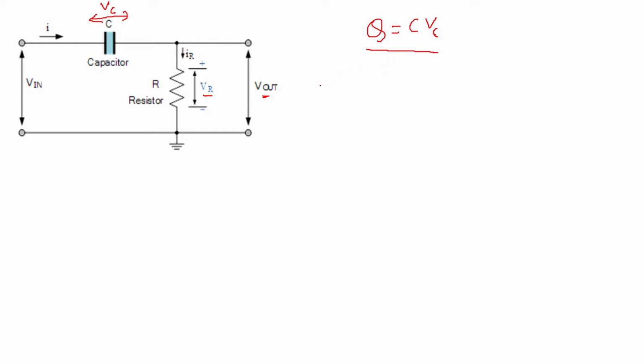Then we know that in a capacitor the current which flows is the rate of change of the charge, dq/dt. Because q = C VC, we can write this as d(C VC)/dt.